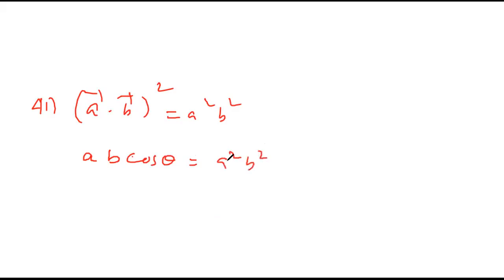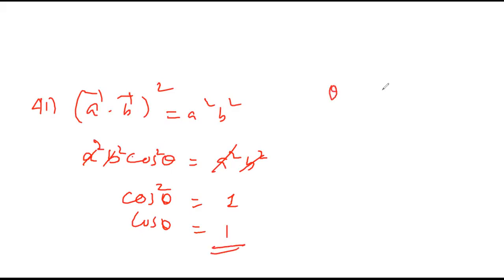A square B square, the magnitudes cancel. So cos square theta equal to 1. That means cos theta is 1. Cos of which angle is 1? 45? 0. Cos 0 is 1. If the angle is 0, that means the two vectors are parallel to each other. Option A.